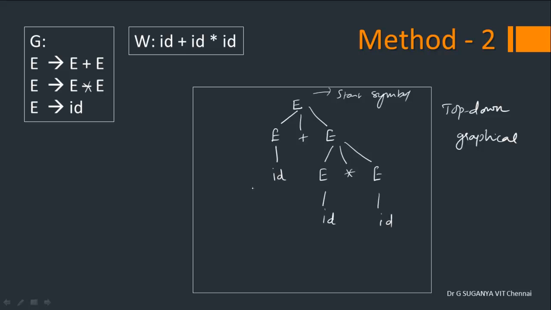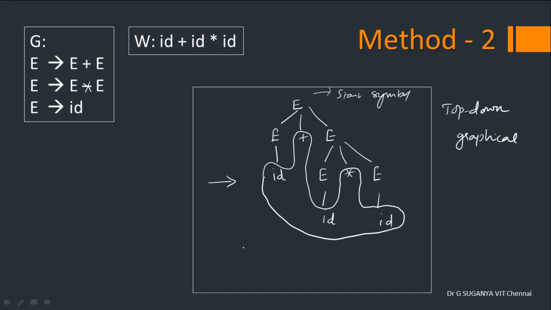Now, how do you identify the word that is represented by this structure? Start from the leftmost leaf node, move to the rightmost leaf node, reading all the leaf nodes on its pathway. So this is ID, then we have plus, then we have ID, then star, then ID.